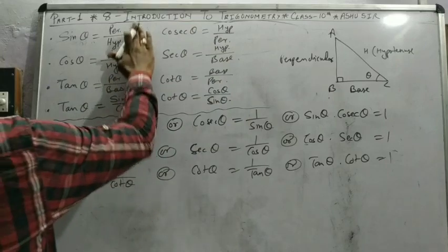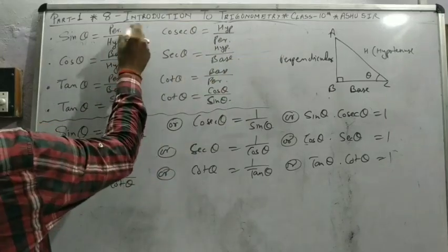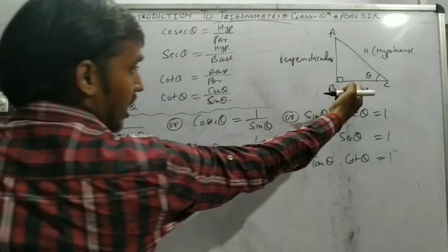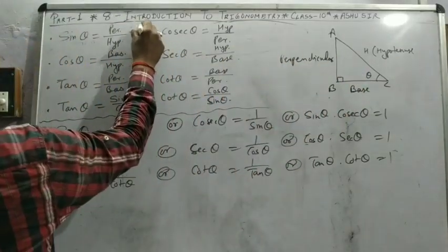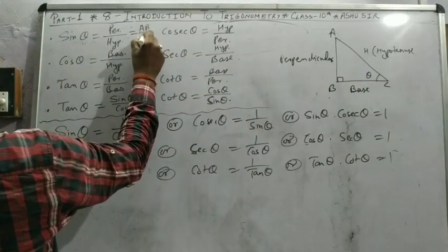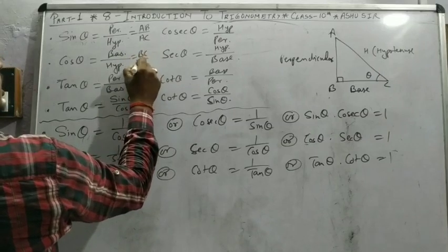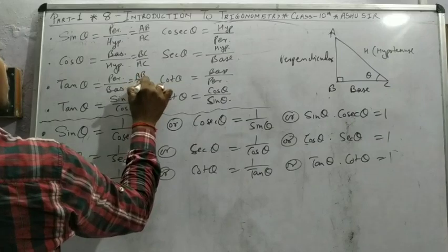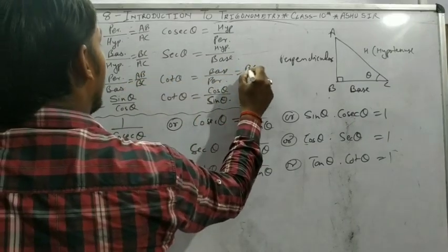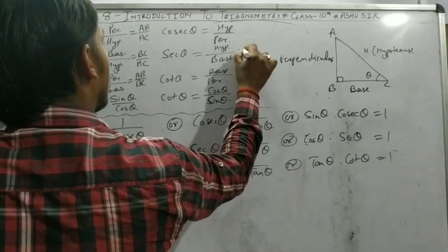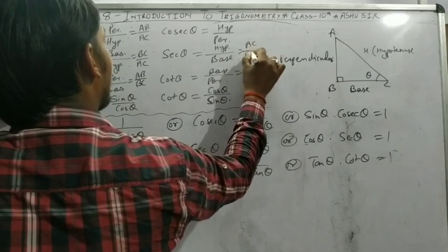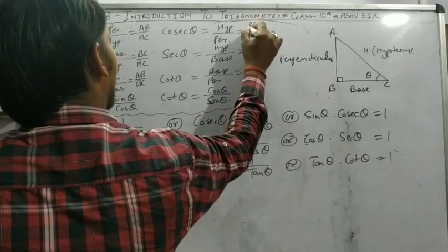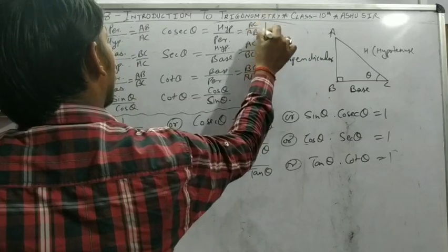You also write down, according to this perpendicular for this theta angle, AB upon AC, BC upon AC, AB upon BC, BC upon AB, AC upon BC, AC upon AB.